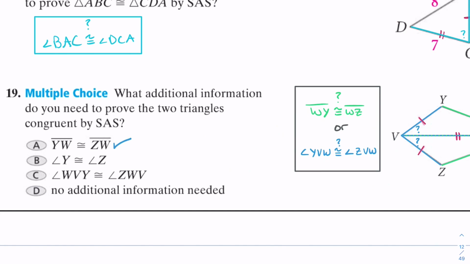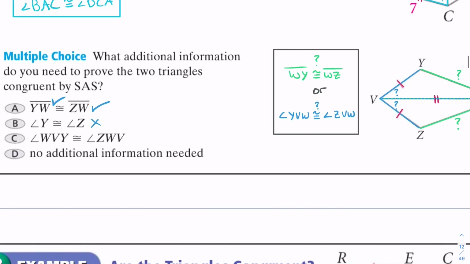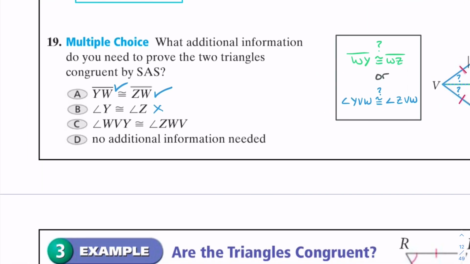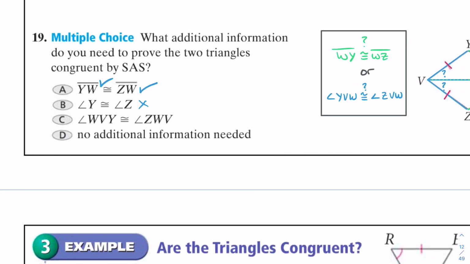I see WZ, I see WY. I don't really see angle Y or Z, that's not an option. WVY and ZWV. ZWV is the wrong one. WVY is the right one. But so I'm not looking for this one, and no additional information needed.